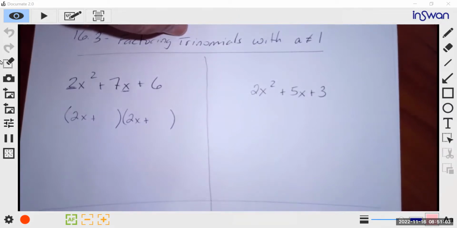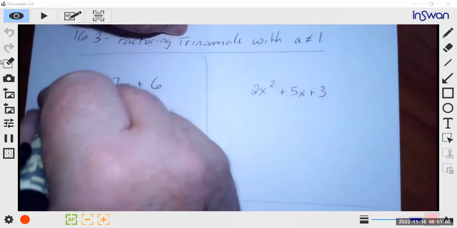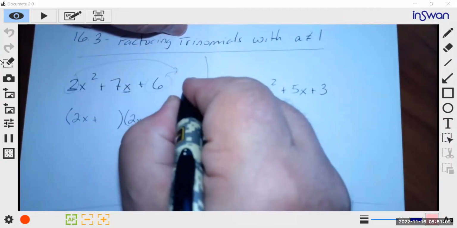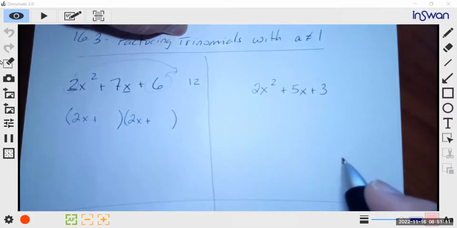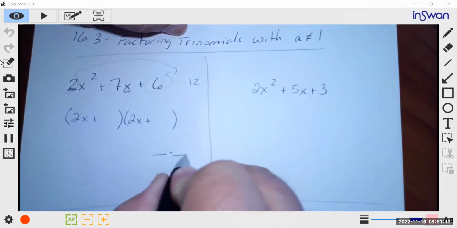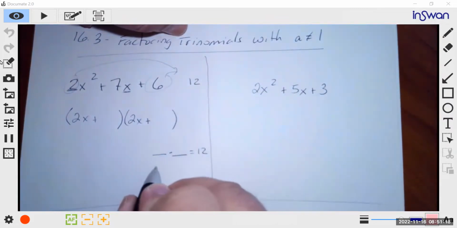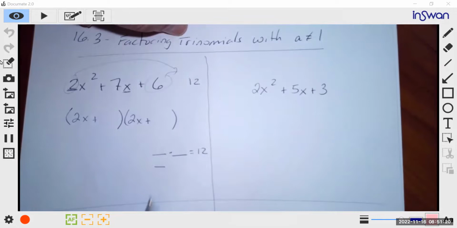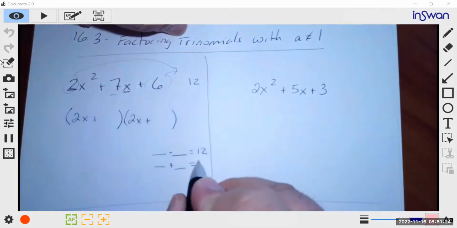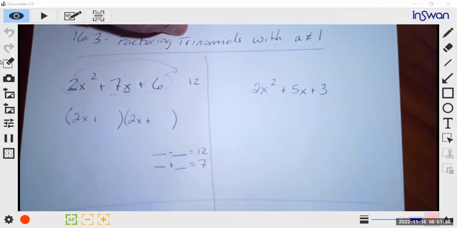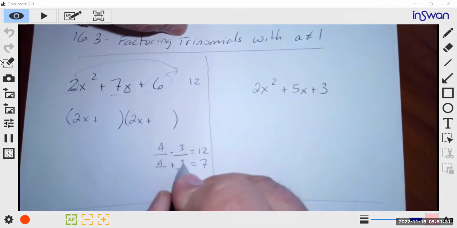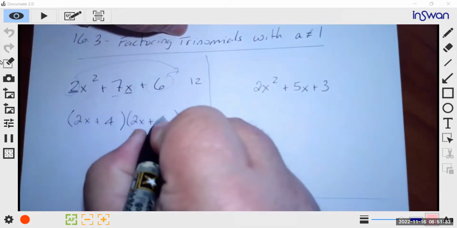Next step. Take 2 times 6 is 12. So what times what is 12? Do we add or subtract? When we add them, we have to equal what? 7. 4 times 3, perfect. And then 4 plus 3. So it's 4 and 3.